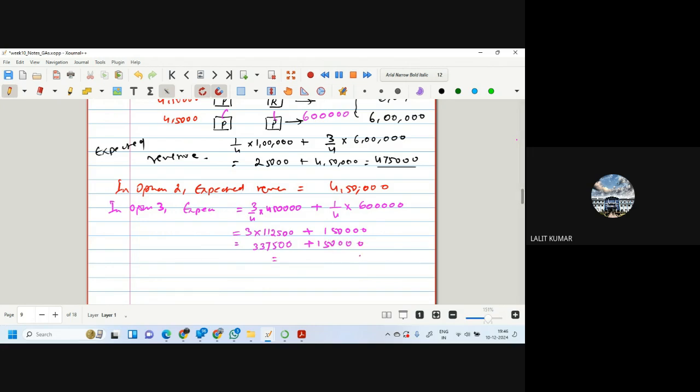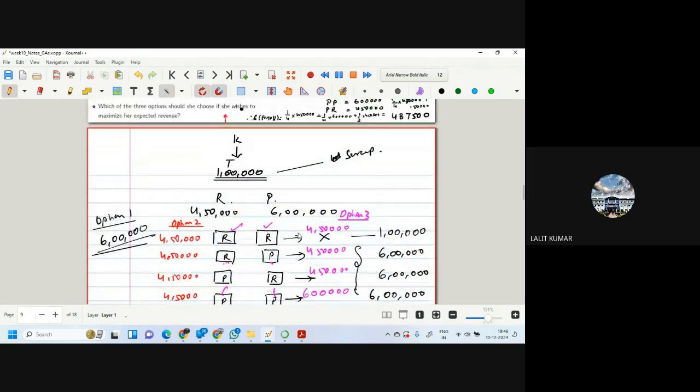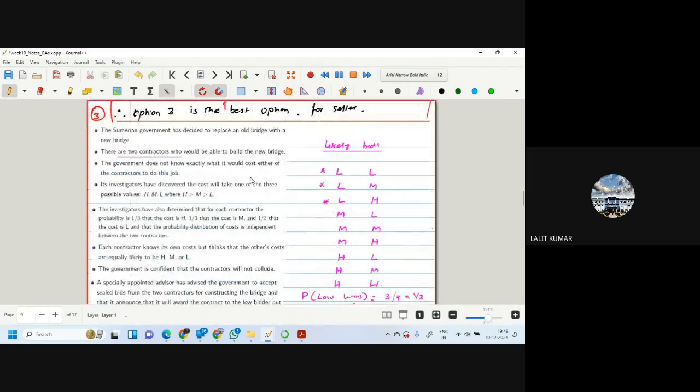This will become 4,87,500. So of all the three options, which one is beneficial to her? The third option, 4,87,500. So that's how you calculate these kinds of questions again. Okay. So option three is the best option.